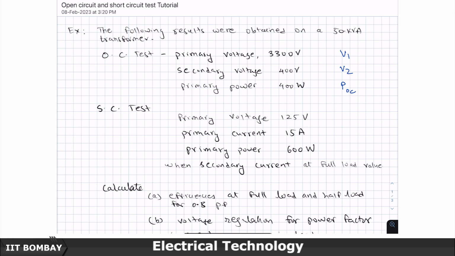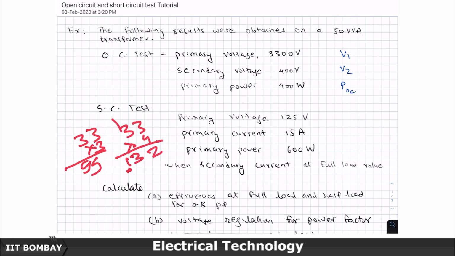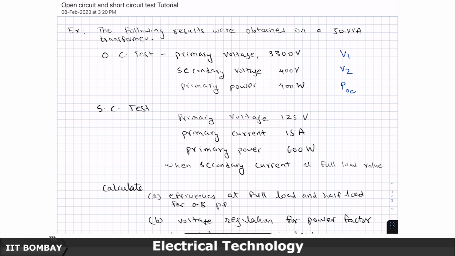This much small percentage of voltage, some 3-4% of the actual applied voltage, because 33 3s are 99 and 33 4s are 132. So, it is somewhere close to 4% of the applied voltage that is required to circulate full load rated current.